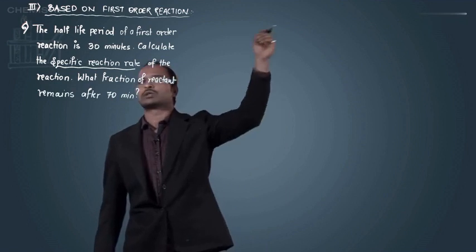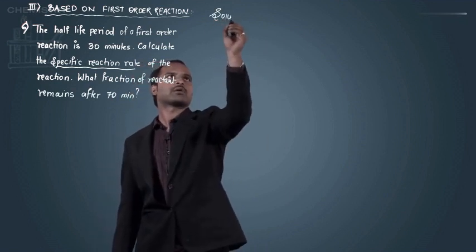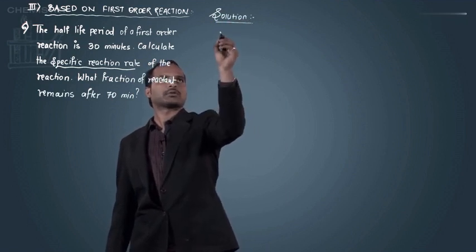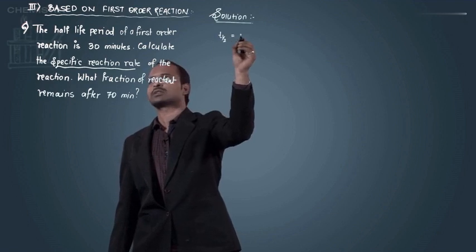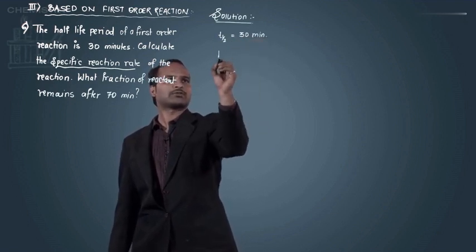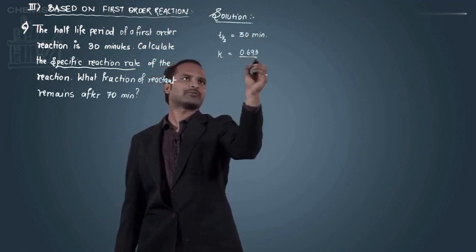Okay, so the half-life period is given, that is T half. T half is given as 30 minutes. If T half is given, we can calculate the value of K. It is going to be 0.693 upon T half.